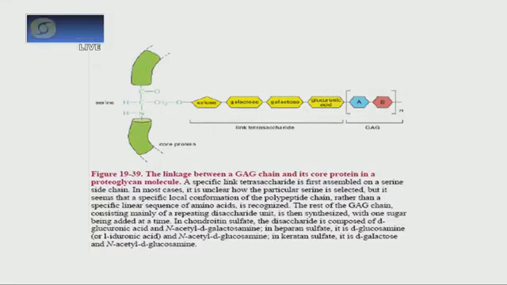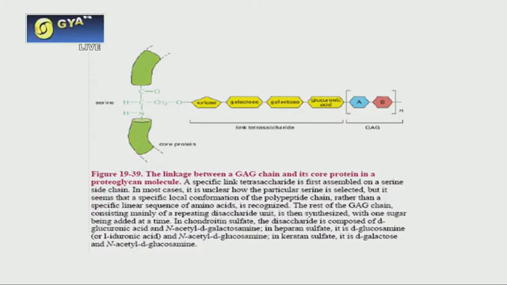Now see, if you take a look at this diagram, you can see how the GAGs, the glycosaminoglycans, are actually connected with the core protein. You see there is a link tetrasaccharide, which consists of xylose, galactose, another galactose, and glucuronic acid.